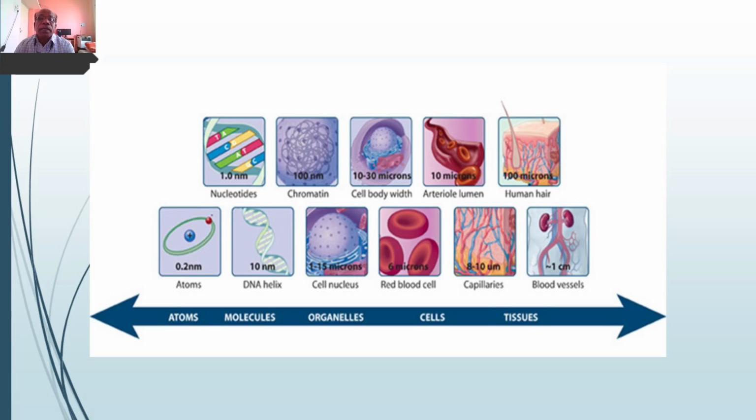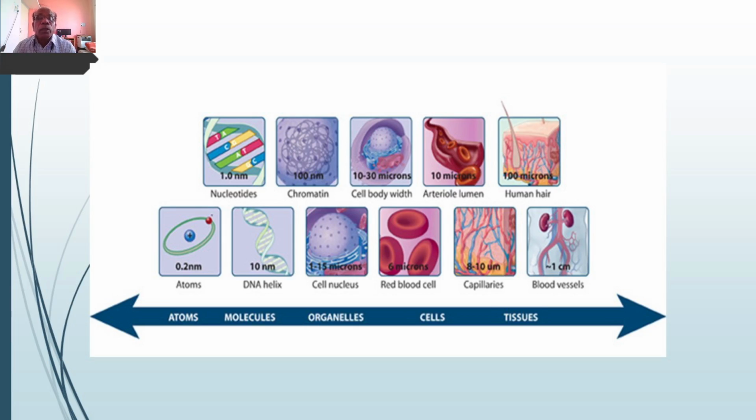Then the size of the arteriole lumen, the smallest blood capillary. We are well known to the arteries and veins, which carry either oxygenated or deoxygenated blood. One forms a part of the arterial system, the other, the vein, forms a component of the venous system.